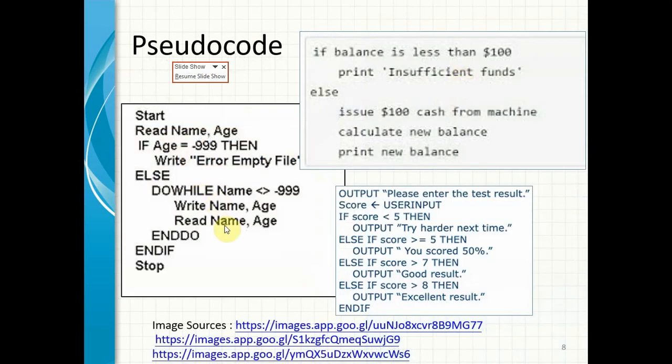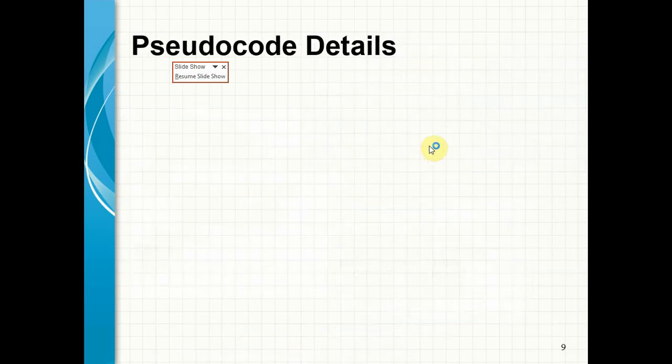Different ways of writing. Remember, it is more structured than English, but unlike a programming language, there will not be very rigid syntax requirements.